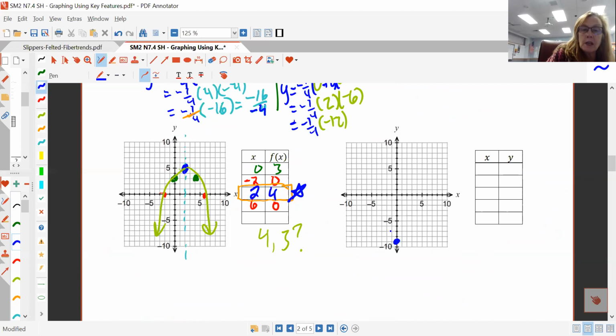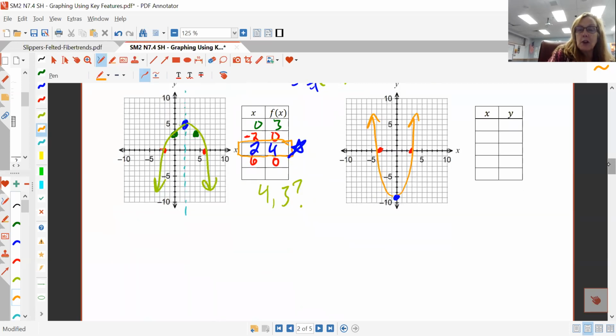So 0, negative 9, 3, 0, and negative 3, 0, which also makes sense because if my vertex is on the axis, then my x-intercepts need to be centered around the axis. So then there's my graph. Okay. So we should hopefully have a pretty good idea of how to graph these.